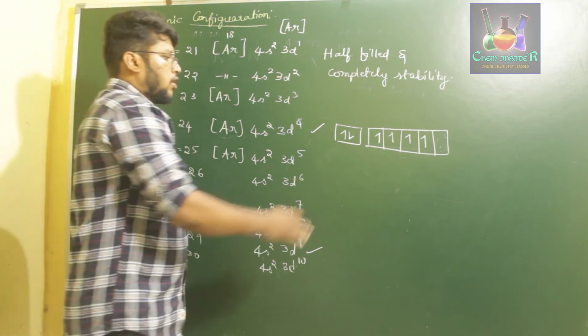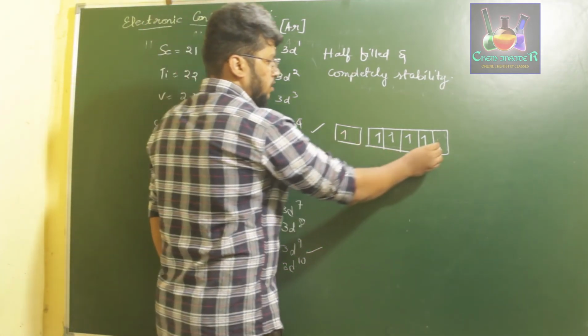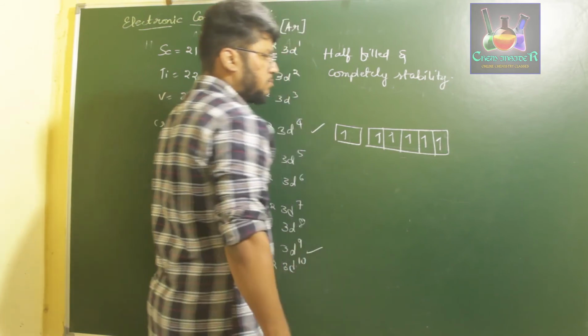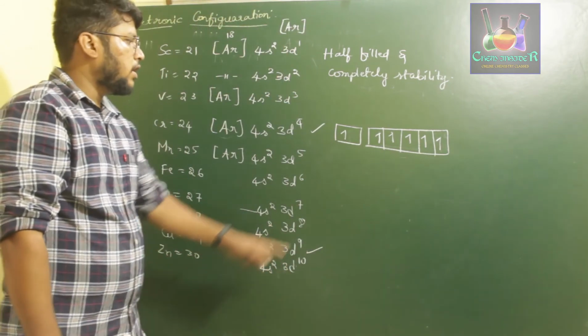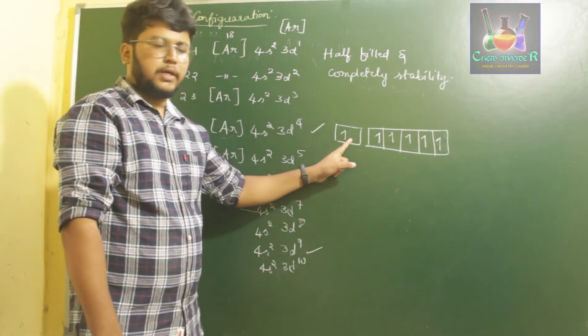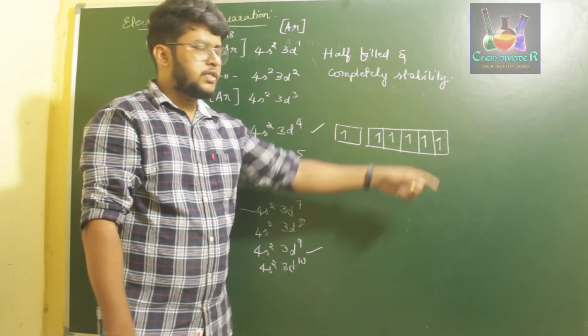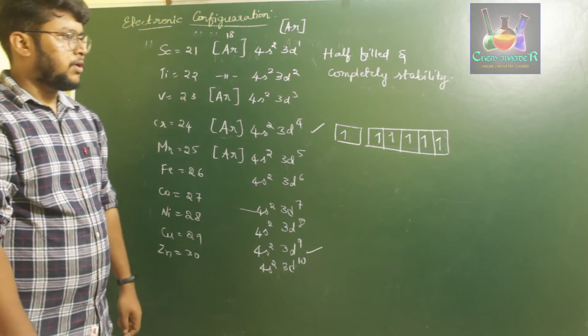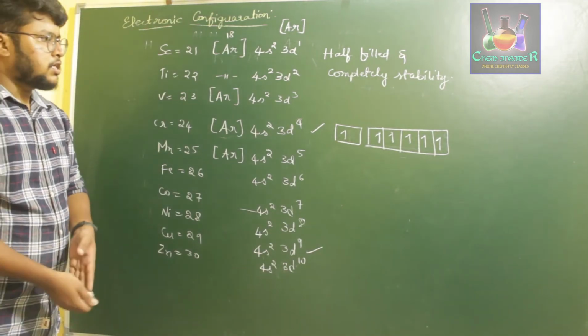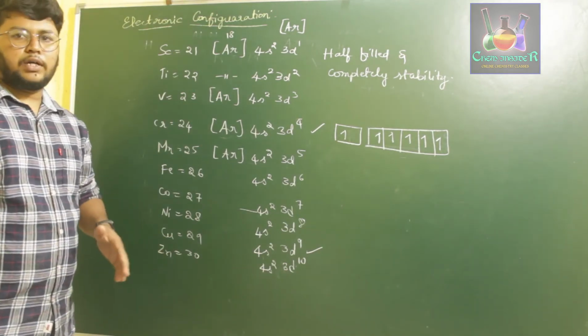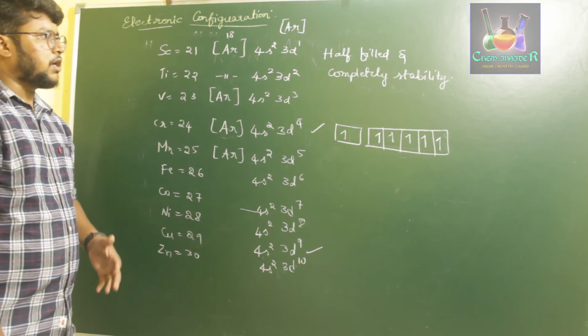So therefore, according to Hund's rule of maximum multiplicity, we should get the maximum multiplicity of an atom. So therefore, the electron present in the 4s gets jumped to the empty orbital of 3d. That is because it can form a half-filled stability. So what is this half-filled stability?